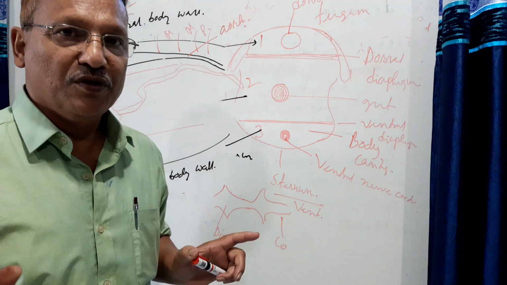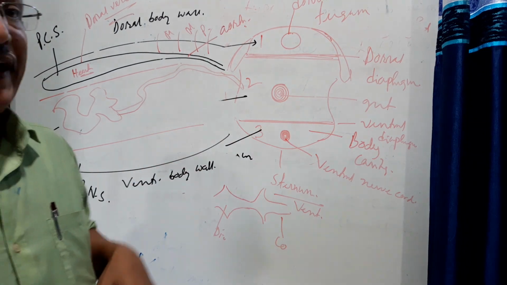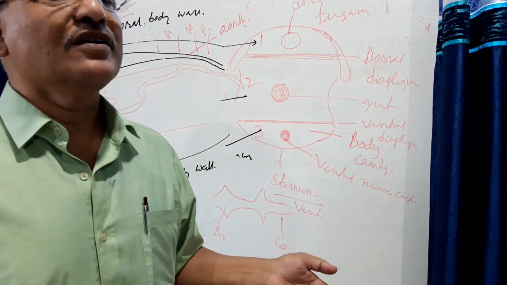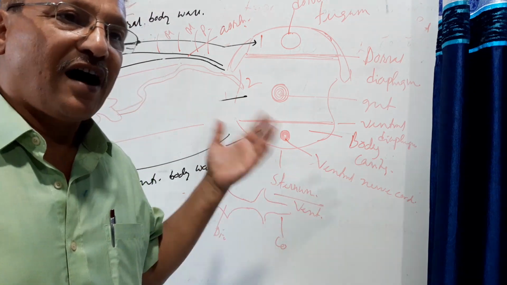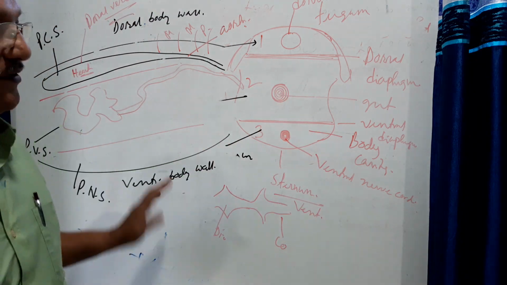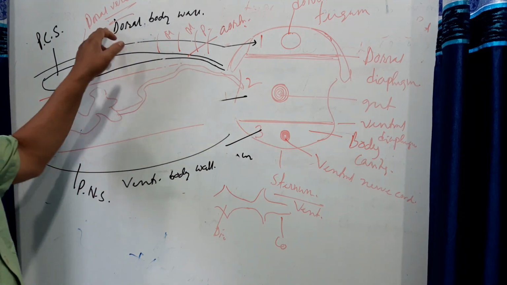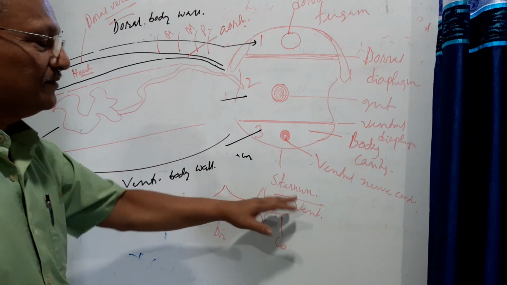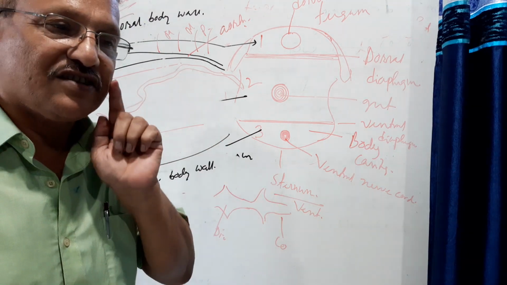Ostia means pores, through which circulating fluid enters into the heart or passes from the interior of the heart to the hemocoelic cavity. But in the aortic region of the dorsal vessel, it is not porous, it is just tubular.